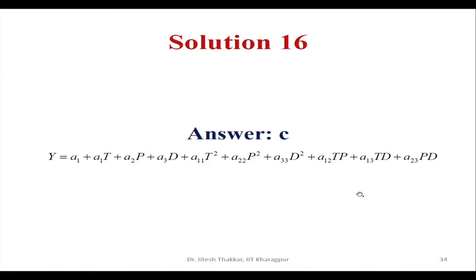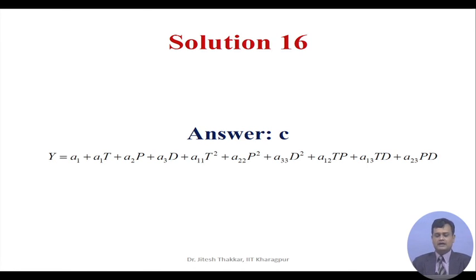So, the correct answer is C, and you can see that there is an intercept A1, y is equal to A1 plus A1 T, that is A1 is the factor associated with temperature T. Similarly, P has coefficient A2, A3 D, then A11 T square, A22 P square, A33 D square, that is the quadratic effect, and then you have A12 TP, that is the interaction effect, A13 TD plus A23 PD.